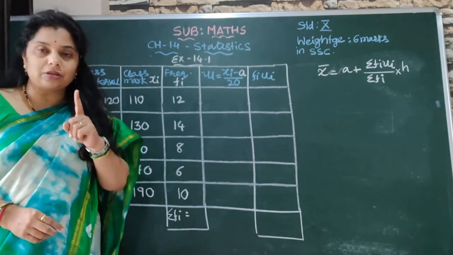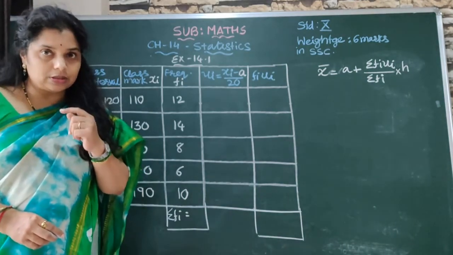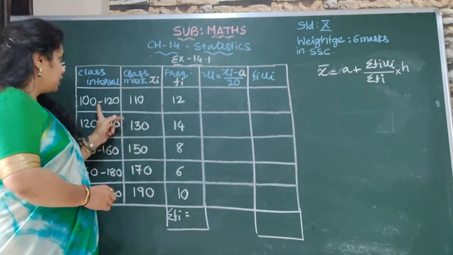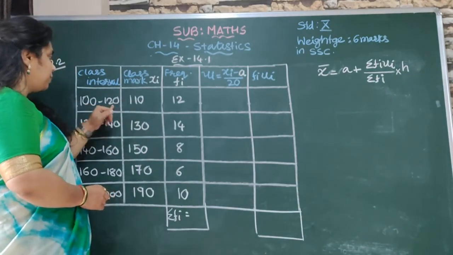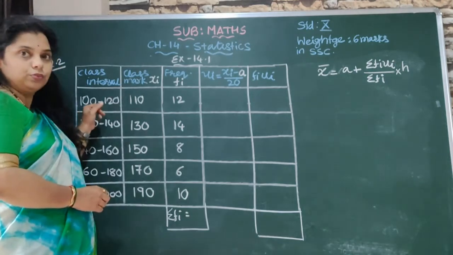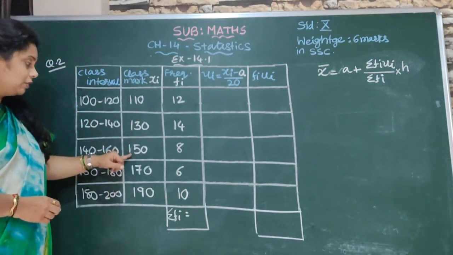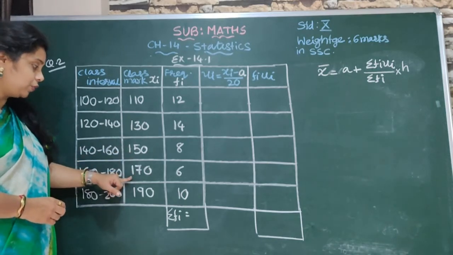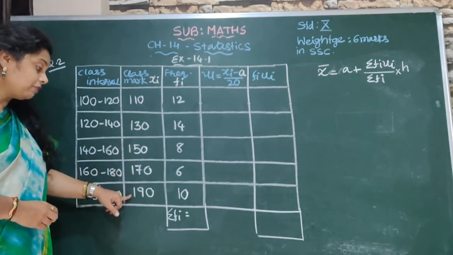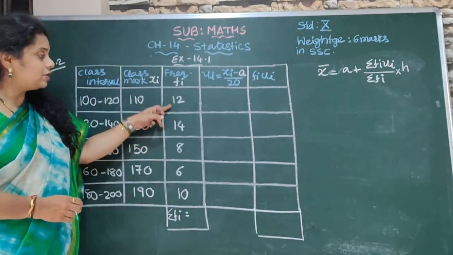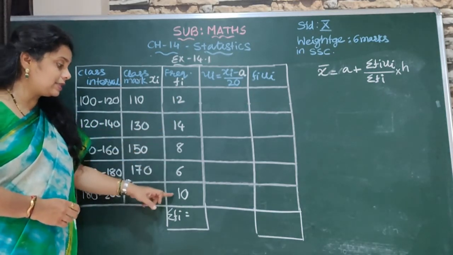That is the first thing we notice. Second, the class mark is (upper limit plus lower limit) by 2. So it is 110 for the first class, 130 for the second, 150 for the third, 170 for the fourth, and 190 for the fifth. The frequencies are 12, 14, 8, 6, 10.